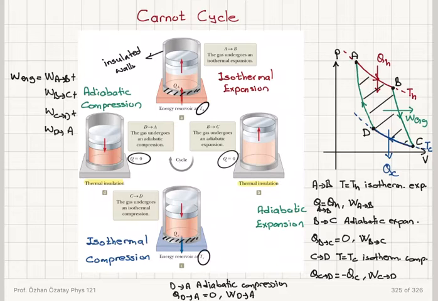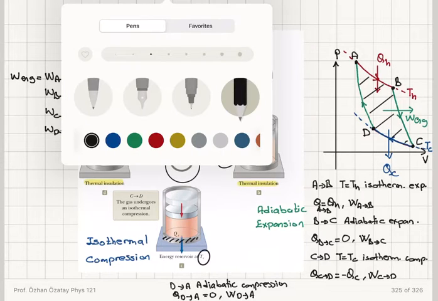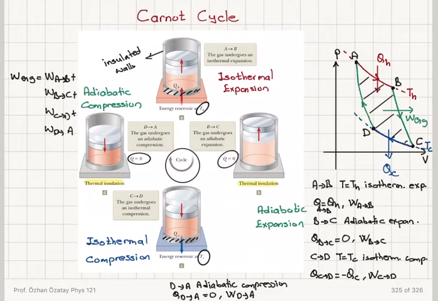So we have this cyclic process, and therefore we finish the cycle and we have the total area enclosed by the cycle that's going to be equal to the work output of this engine.